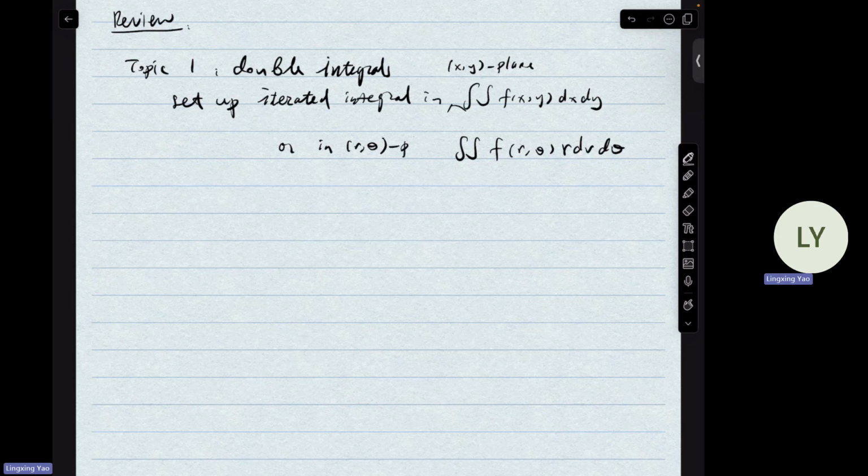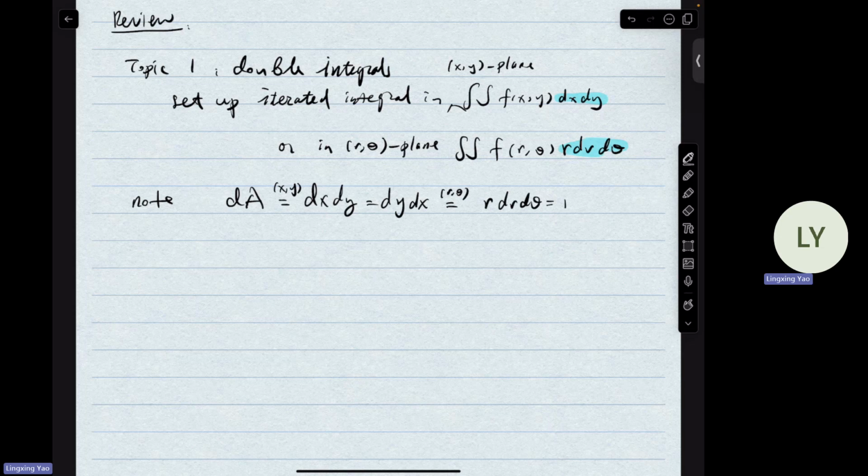In the r theta plane, we really have to pay attention to the differential of the area, because in the Cartesian xy plane, the differential of the area could be dx dy or dy dx, but in the polar coordinates, we have r times dr d theta or r times d theta dr.